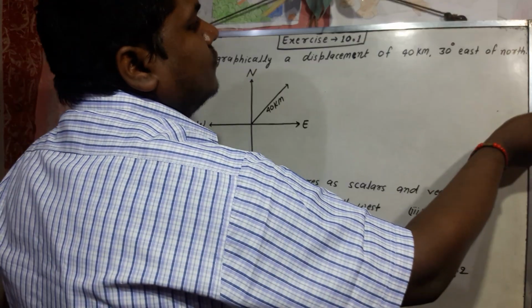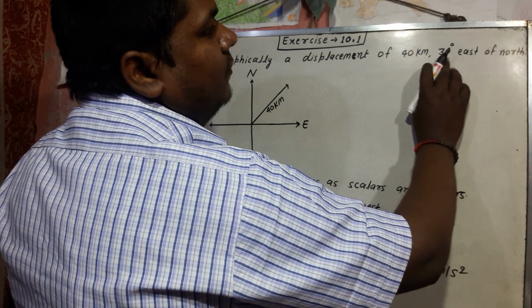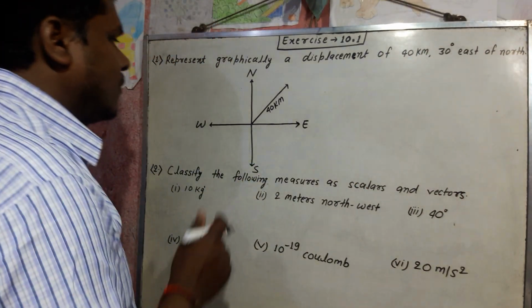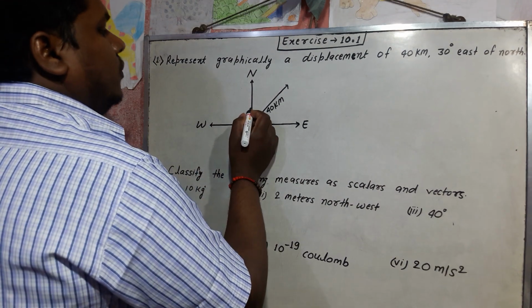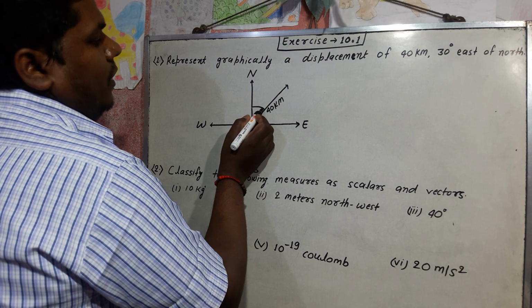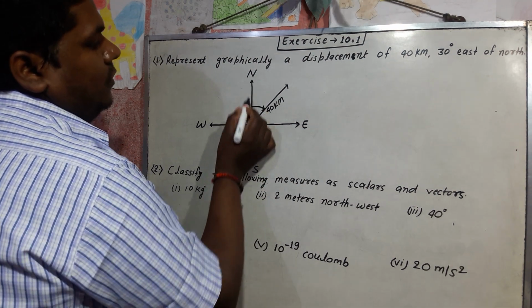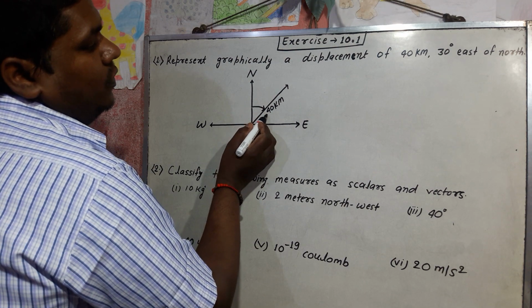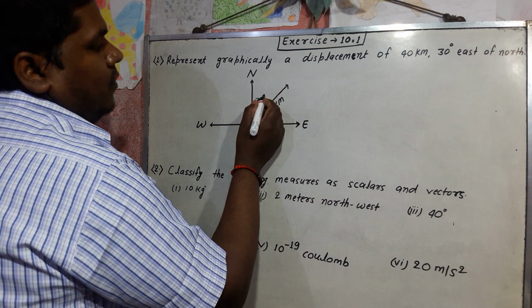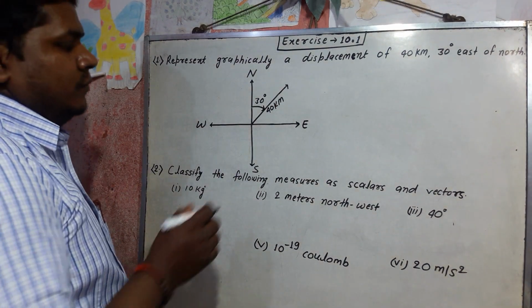It means we draw a 30 degree angle from north towards east. This is your answer.